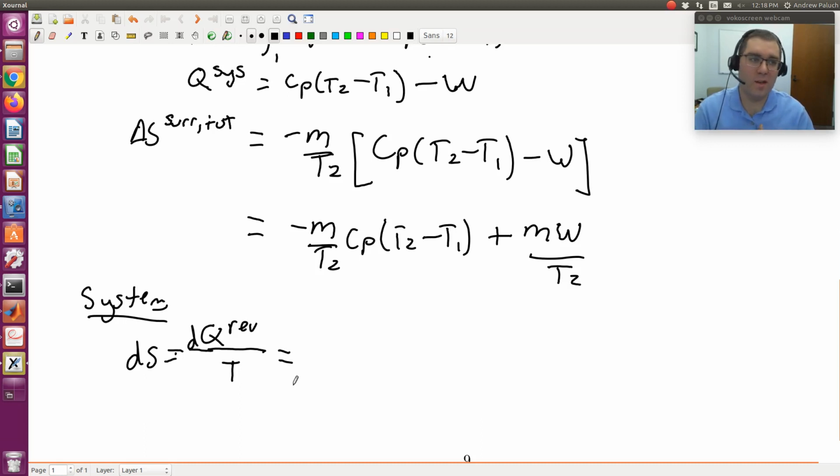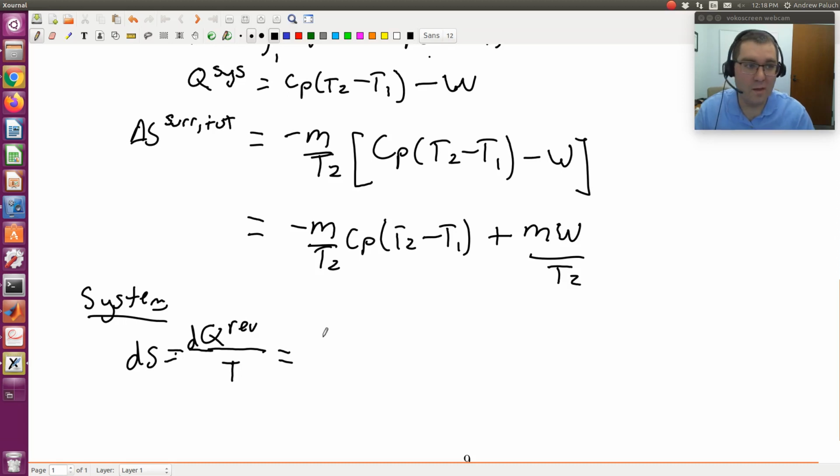If you assume that it takes place at constant volume, then the differential of Q reversible is Cv dT. But since we're assuming that Cp and Cv can be taken to be equivalent for a solid, either would get you to the same place. And so I'll just plug in the expression for isobaric, so then we're using Cp just like before.